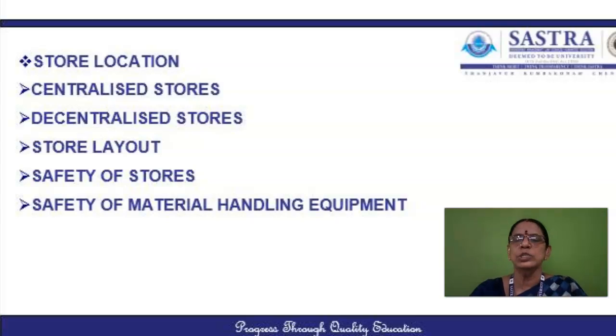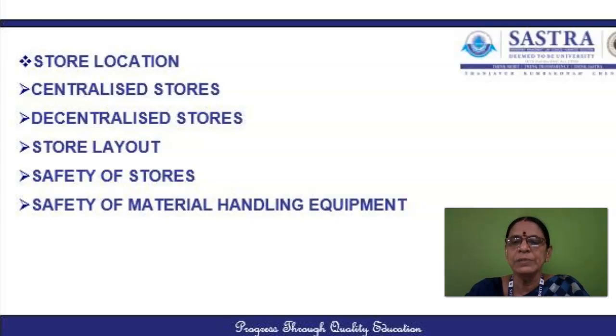Security in all stores should be reasonably adequate. If materials in the stores are considered as money, the reason will be obvious. One standing rule is that no outsider should be permitted into the storage racks.